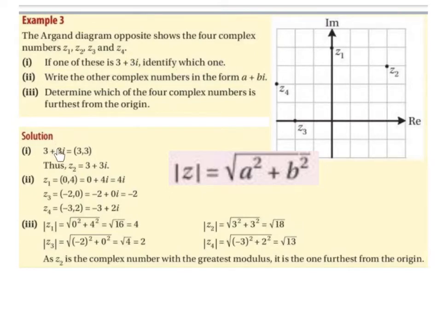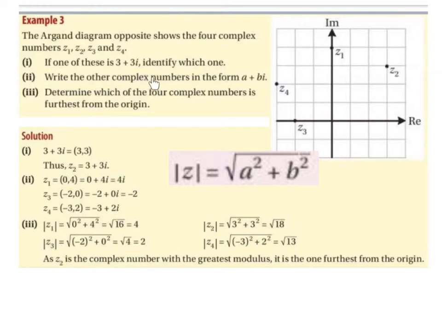So 3 plus 3i is (3, 3) as a coordinate. Thus, z2 is equal to 3 plus 3i. So we go across to 3 on the real axis and go up to 3 on the imaginary axis. And the point at which they meet is z2. The complex number is z2.